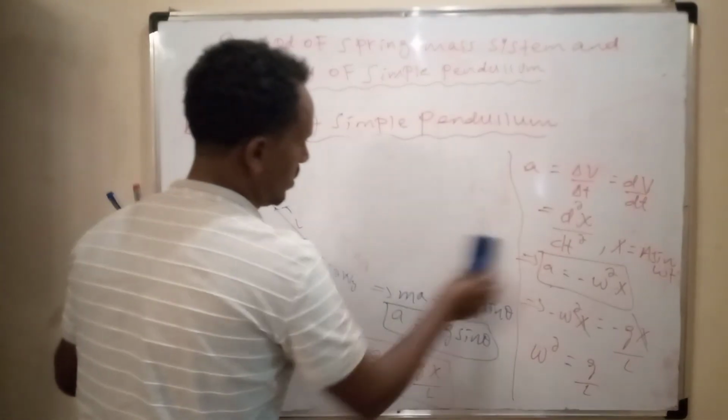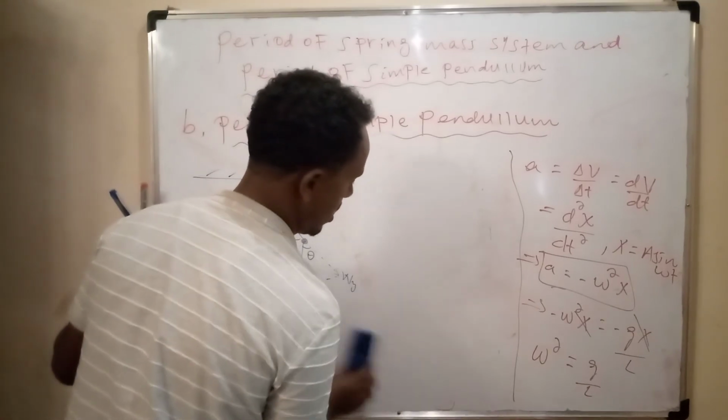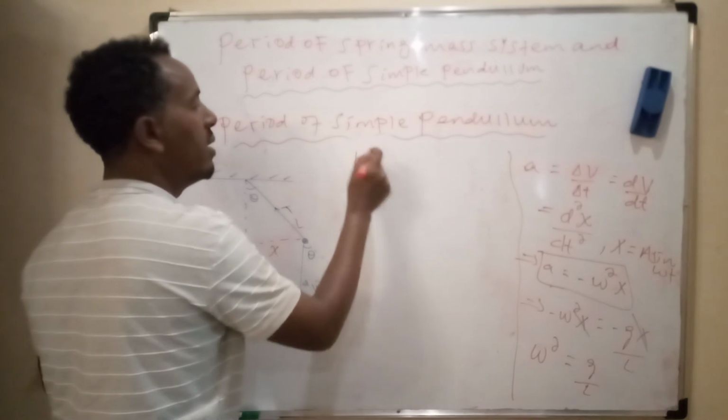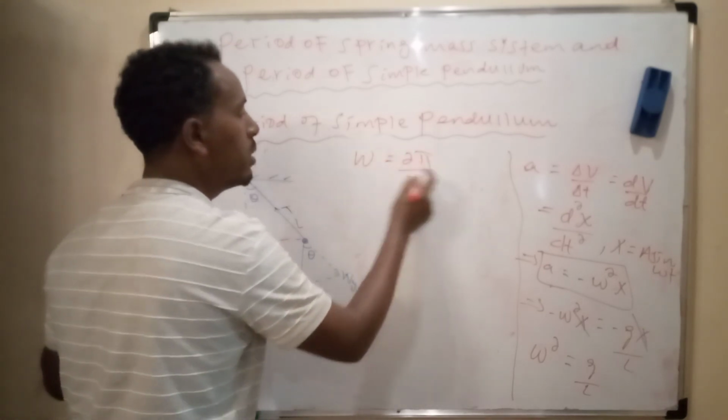Therefore, omega is equal to 2 pi over period.